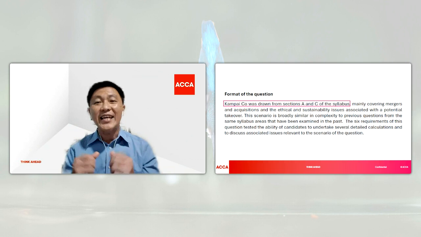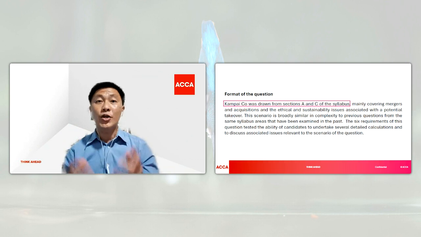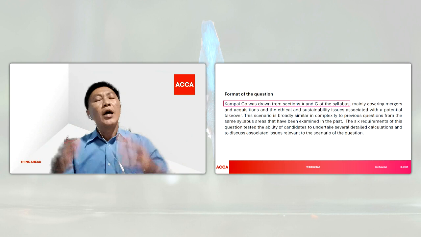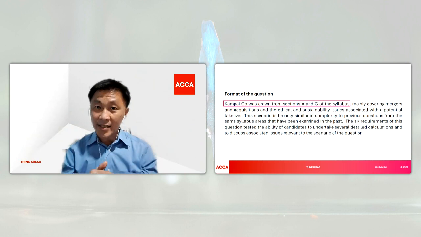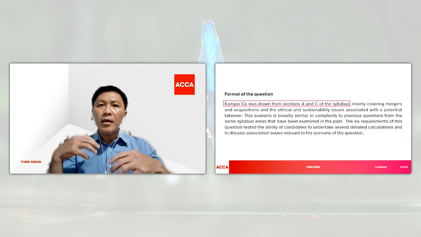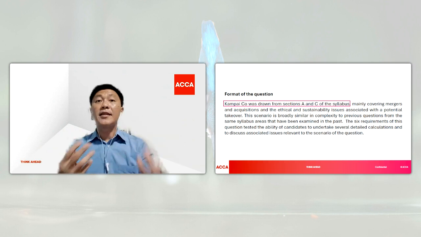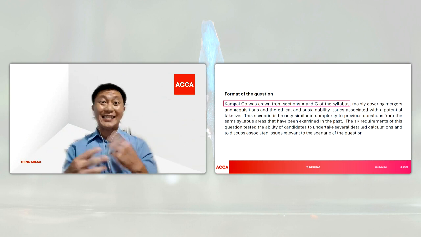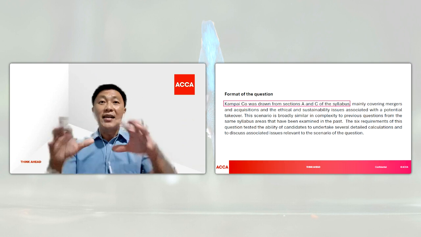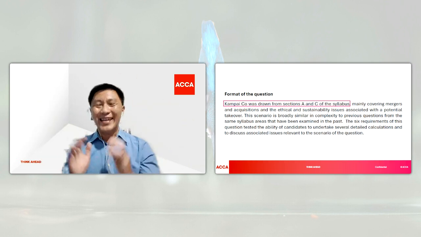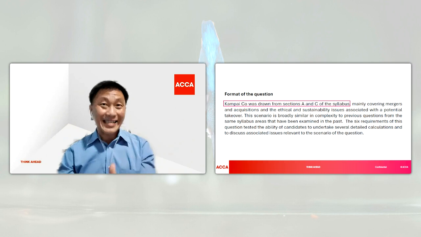This is clearly a topic pertaining to merger and acquisition. If you go further, some of the narrative questions may bring in discussions pertaining to sustainability or ethics related matters. So this is what the syllabus covers in this particular case study.